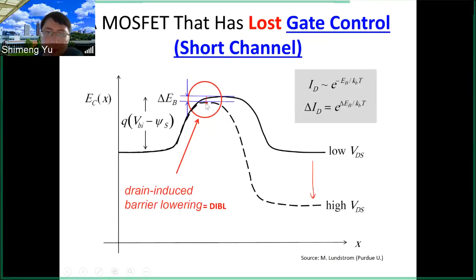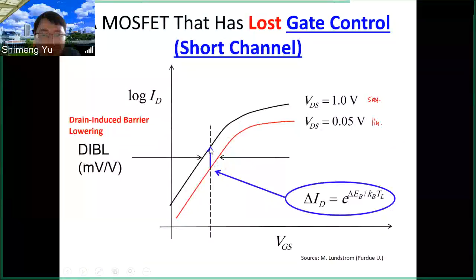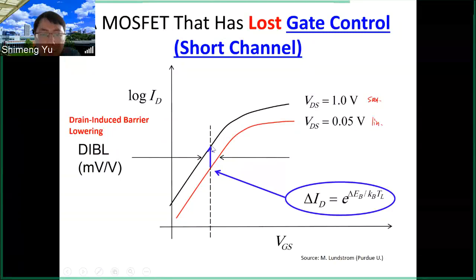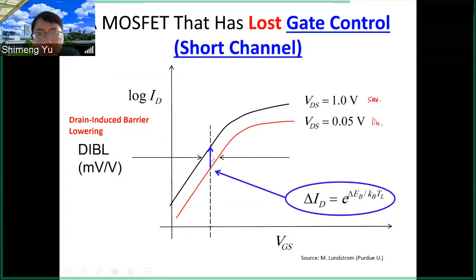If we consider this Dibble effect for the short channel transistor today, then if you draw the ID-VG plot in the subthreshold, you will see that with different operation regions, like this linear region and this saturation region, because you apply the drain voltage, the barrier top is reduced. You have more electrons diffuse over, so you have exponentially larger currents in the subthreshold. That's why you see this shift of the curve. And this is called the Dibble effect.